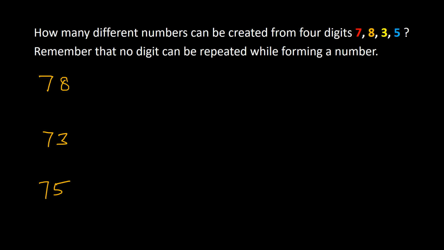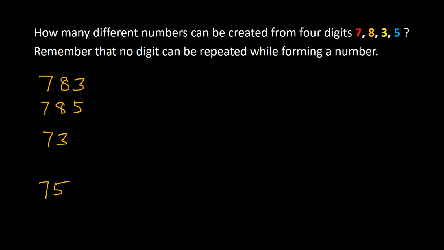Now, when the first two digits are 7 and 8, then the third digit can come in two possible ways. So two digits are already taken up, 7 and 8. The third digit can be either 3, or the third digit can be 5, which gives 7, 8, 5.